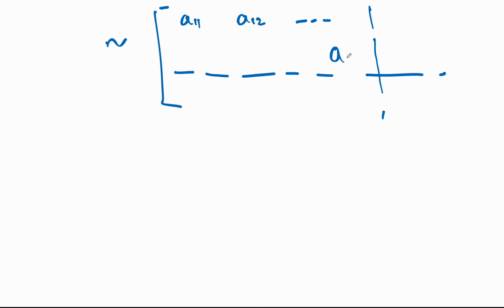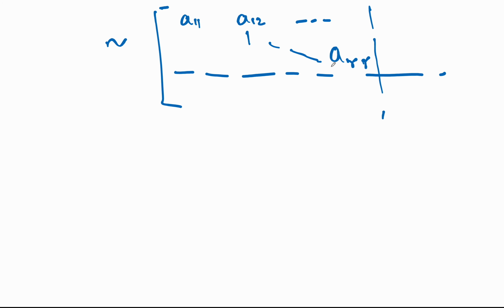This will be the rth row, and Arr, and this is also r, and we have brought all the diagonal elements to 1.